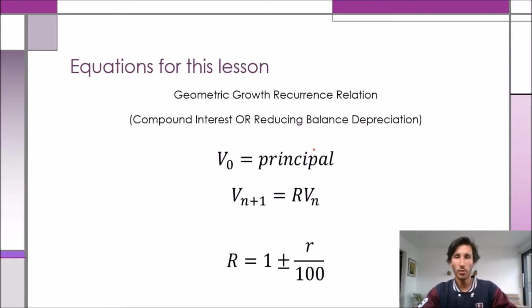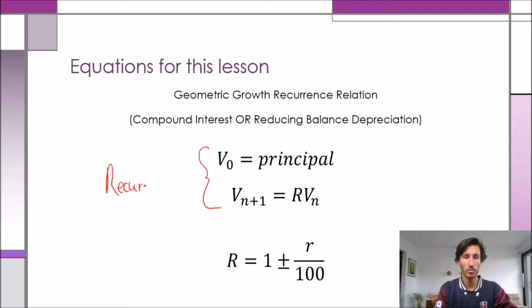All right, for those of you that are happy with just equations, this is what I've done. I've put the equations for this lesson in this slide, so you can just go straight to 5D on Drolo if you want. Now, this thing here is our recurrence relation. Remember that we need an initial value and something that's telling us what to do each time.